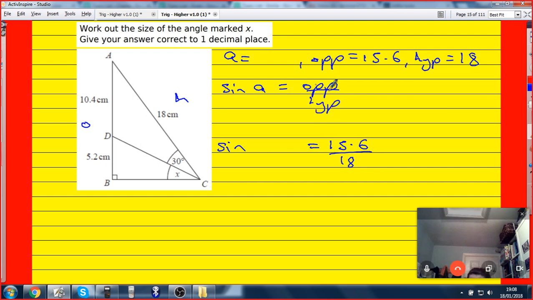You said the opposite was 15.6, the hypotenuse was 18, but what are we calling the angle? 30. That would be the angle in the top triangle. So you call it X. That would be the angle in the bottom triangle. Oh, okay. So you call it the A.